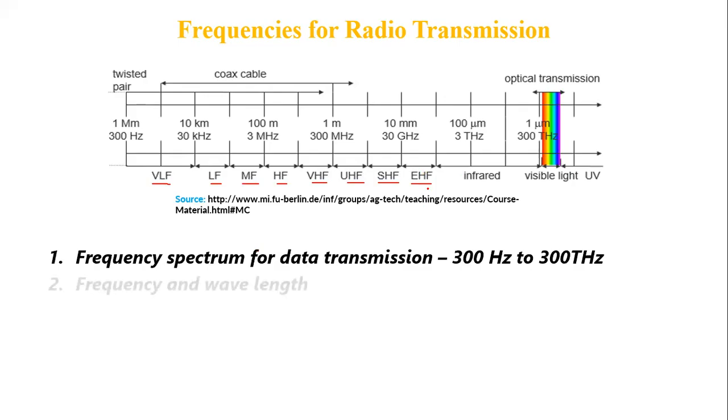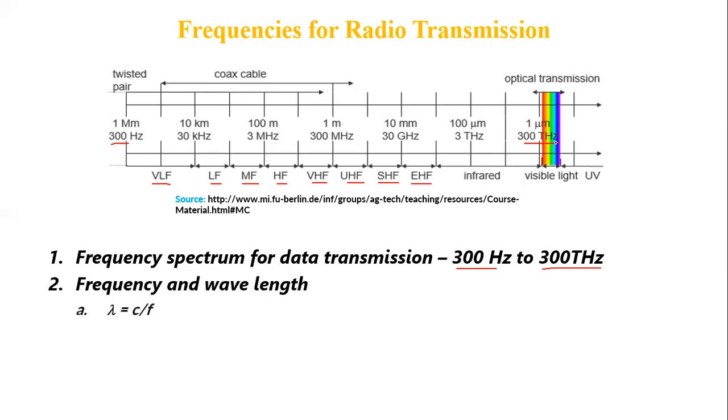The spectrum of data transmission varies from 300 hertz to 300 terahertz. You can see here the starting is 300 hertz, and the visible light spectrum or UV spectrum is in the range of 300 terahertz.